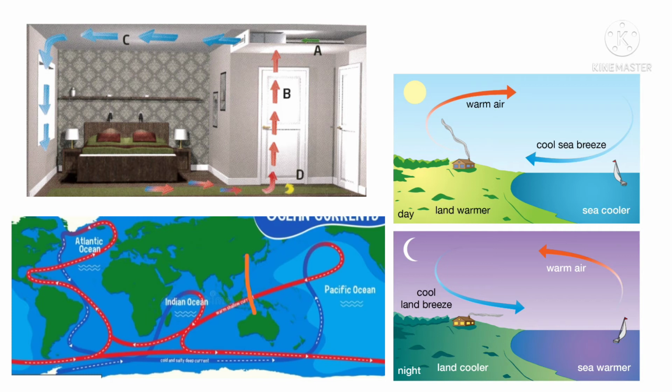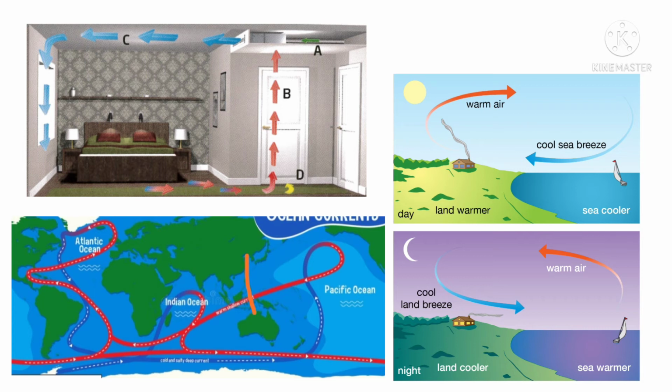Now, warm air being lighter rises up and leaves the room through the ventilators provided near the ceiling. Like a warm air filled balloon, it goes up. Same here, the warm air being lighter rises up and leaves the room through the ventilators provided near the ceiling.